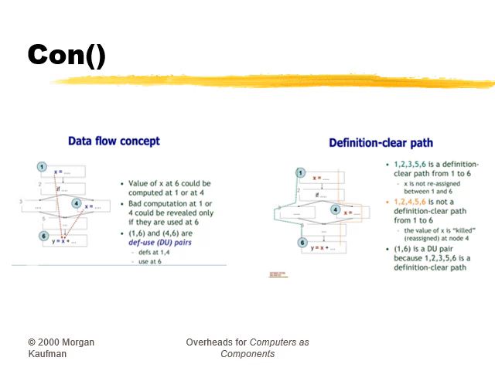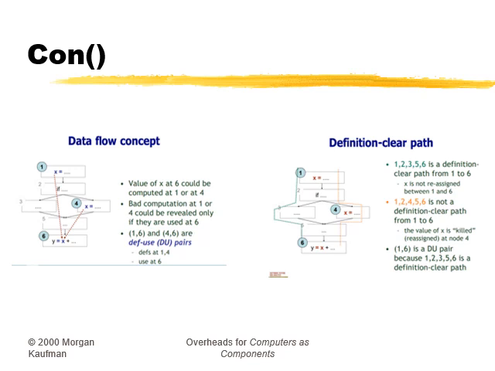So here you can see, in nodes 1, 2, 3, 4, 5 and 6, the value of x at 6 could be computed at 1 or at 4.